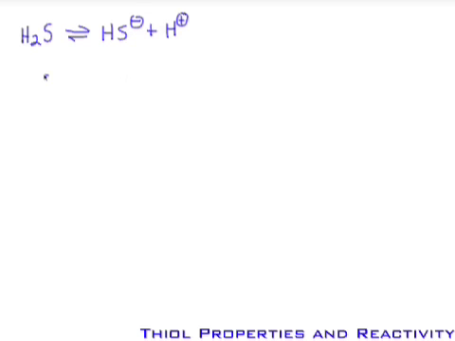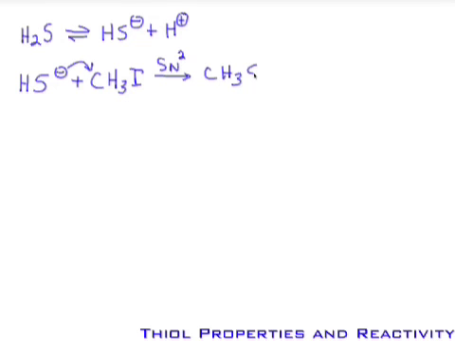And so SH- or HS- can attack a molecule like methyl iodide, do SN2, and produce methane thiol, plus I-.